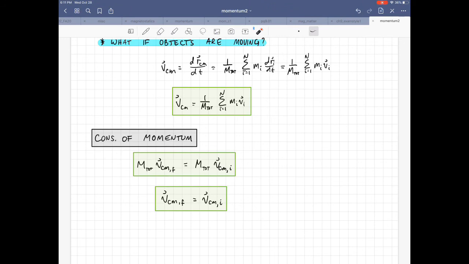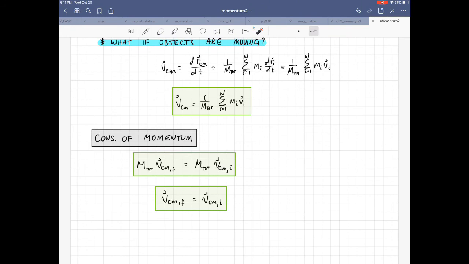Because once you know that that product stays the same regardless of what collisions take place, right? As long as the system is isolated, this is going to hold. And sort of a takeaway from that is that the center of mass velocity in your isolated system remains constant over the entire time that the system remains isolated.